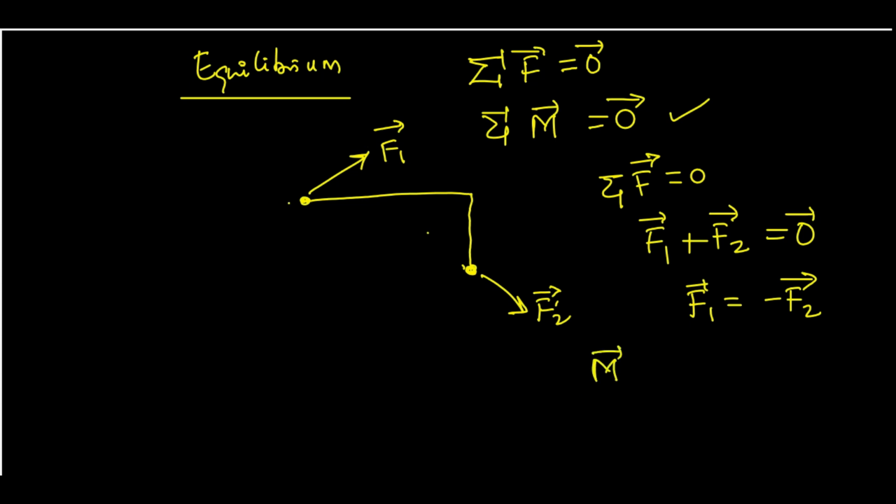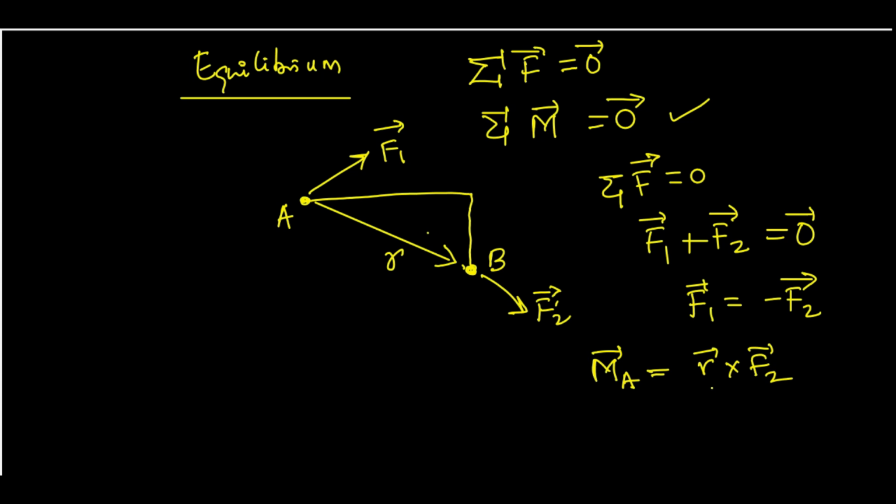You also have the moment equation. If you take moments about this point A, the moment about A is R cross F2. R cannot be 0 because there is a finite distance between A and B, and F2 cannot be 0, because if F2 is 0 then there are no forces acting; both F1 and F2 should be 0.